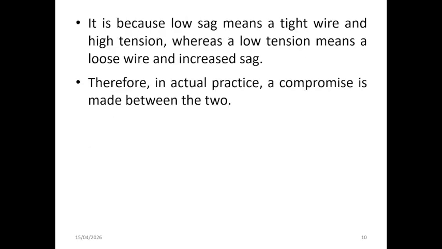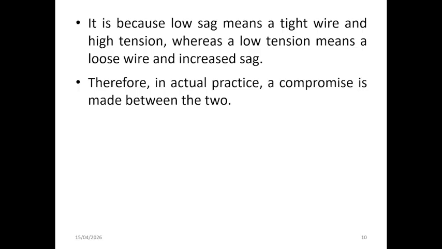Okay, this statement explained in this slide the fundamental relationship between the sag and tension in overhead conductors. A low sag condition implies that the conductor is pulled tight, which results in high tension in the wire.